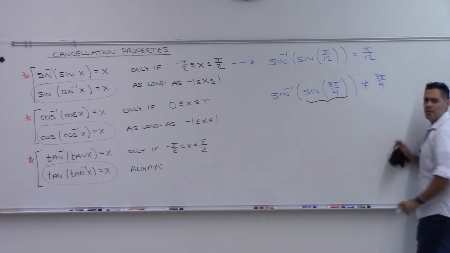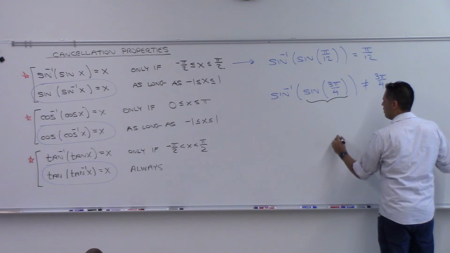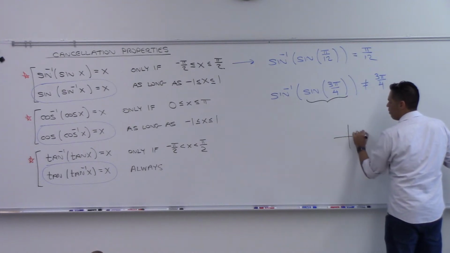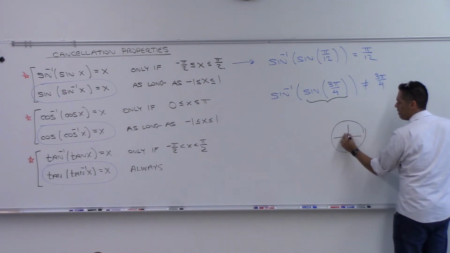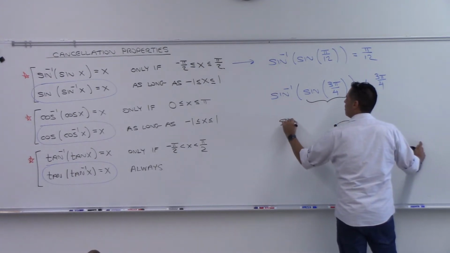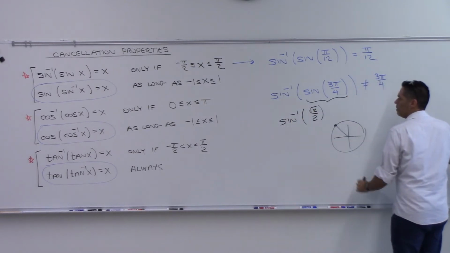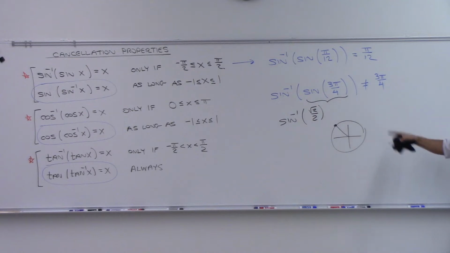Go to your unit circle, and you're looking for the y coordinate at 3 pi over 4. Here's 3 pi over 4. What's the y coordinate there? Root 2 over 2. So this really becomes sine inverse of root 2 over 2.